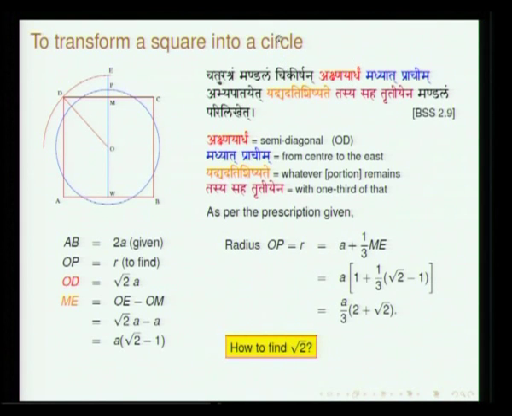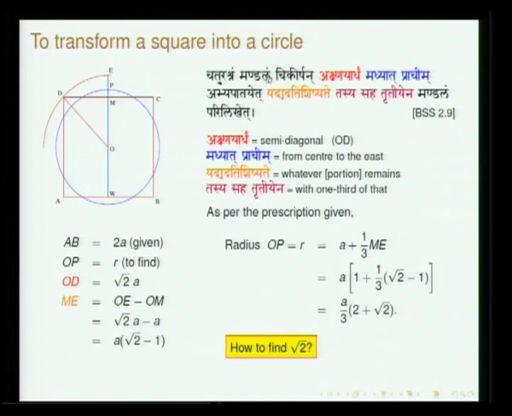Some kind of prescription found in the Shulva Sutra is what we are going to discuss now. Chaturashram Mandalam Chikirshan. This word Chikirshan means desirous of doing, and in every sutra you will find this. Chaturashram Mandalam, Mandalam is circle. So, you want to transform a square into a circle.